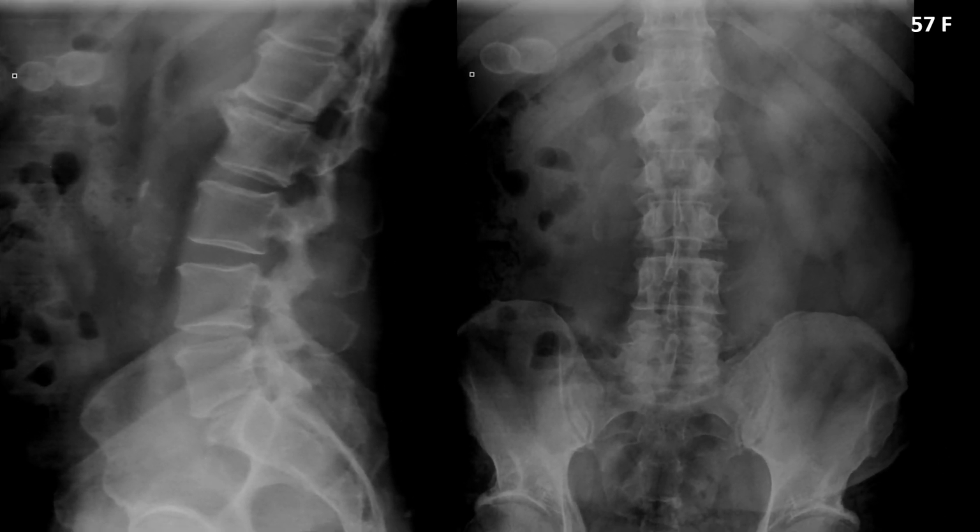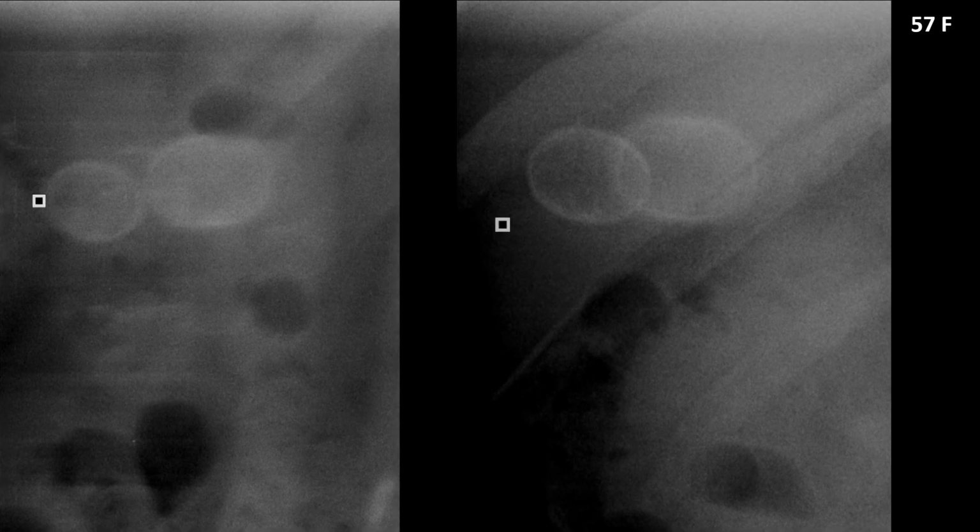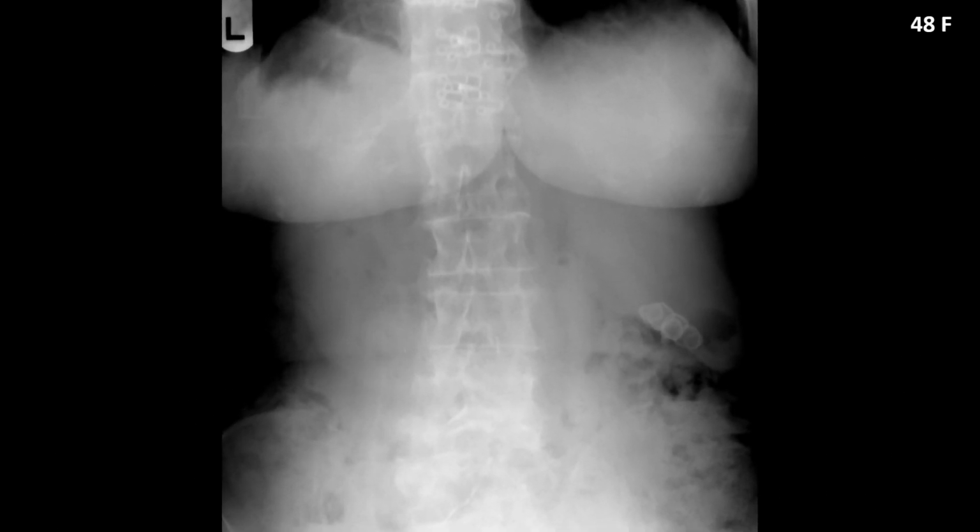This is a 57-year-old female who presented with acute abdominal pain, has 2 very large gallstones, and also has cholecystitis, which is a common complication of gallstones, which is inflammation of the gallbladder. And zoomed in, we can see these pretty nicely. And here's a 48-year-old female with a relatively classic presentation of gallstones, however a little lower in the abdomen.